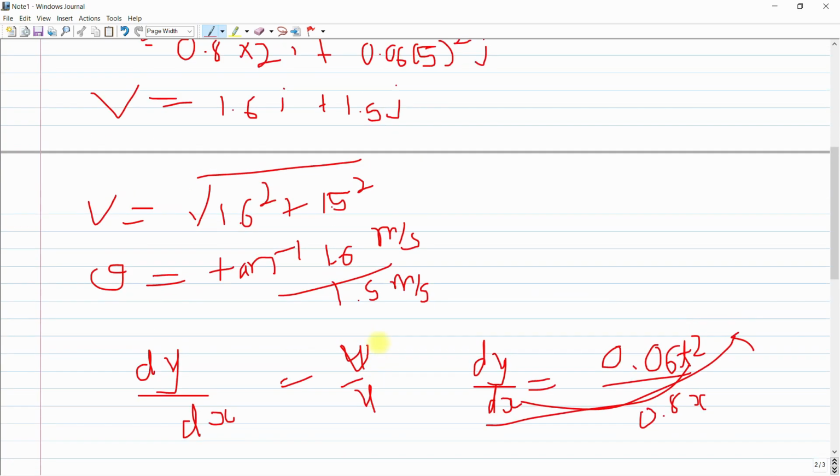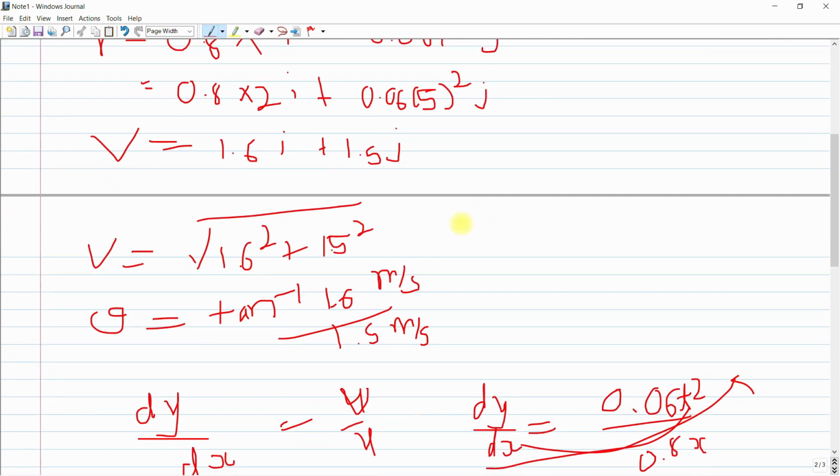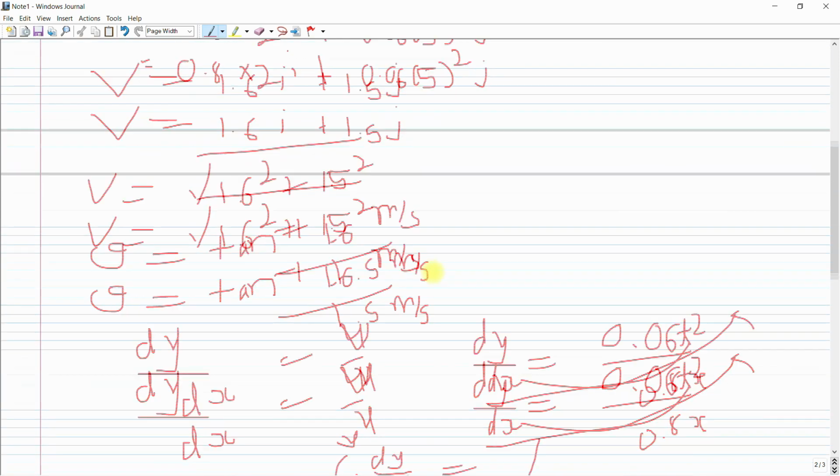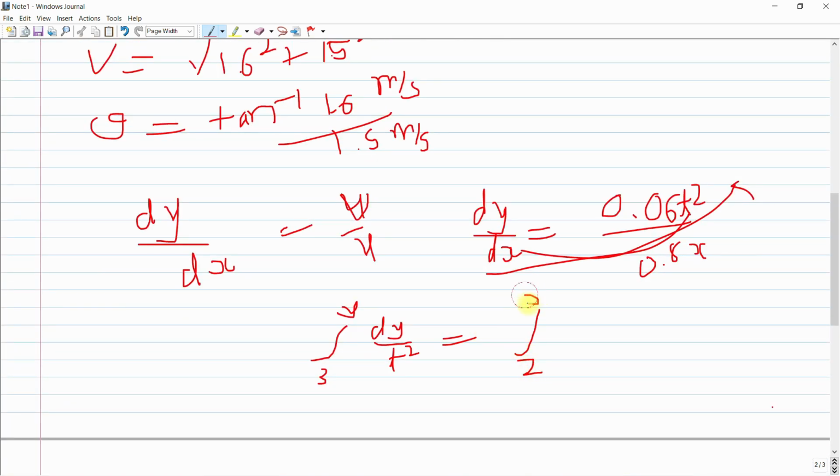from 3 to y, because our y is equal to 3 meter, and I will say t squared dy, so 1 upon t squared dy is equal to, for x, from 2 meter up to x, and here dx, if you consider 0.06 divided by 0.8, it will come 0.075, divided by x.